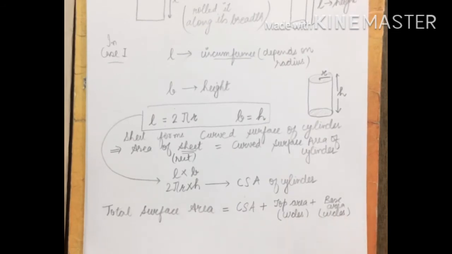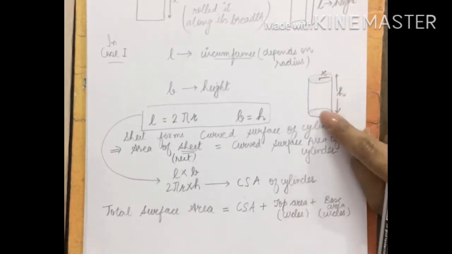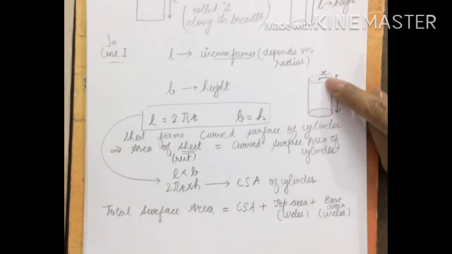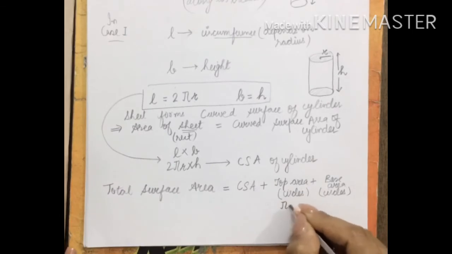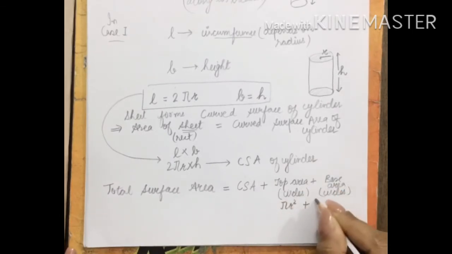The area of a circle depends on the radius, and the radius for these circles has been represented by r. So the area for the top circle would be pi r square. Same will be for the base, pi r square.